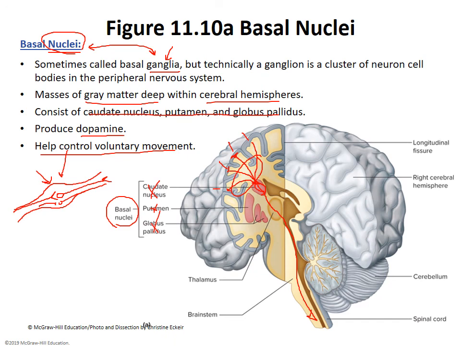So imagine that little filter that is the basal nuclei isn't there. Your muscles are going to be screamed at by all kinds of different neurons. So the basal nuclei is for smoothing out motor neurons. That's a big thing to remember, and it's going to use dopamine.